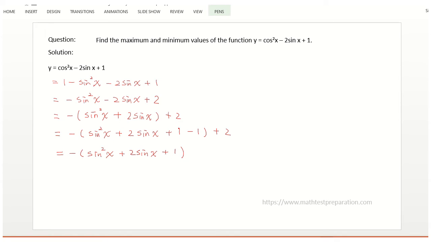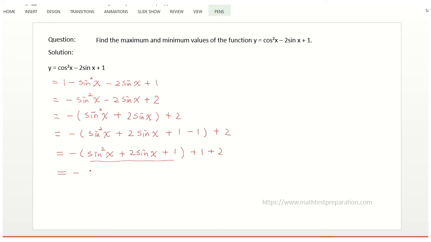Negative times negative is positive, positive 1 plus 2. This equals negative sine x squared plus 2 times sine x plus 1.